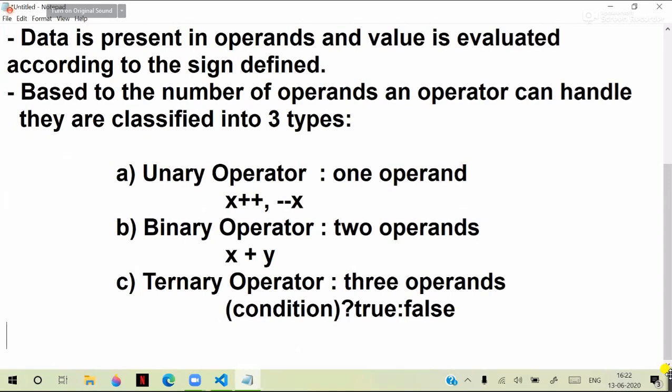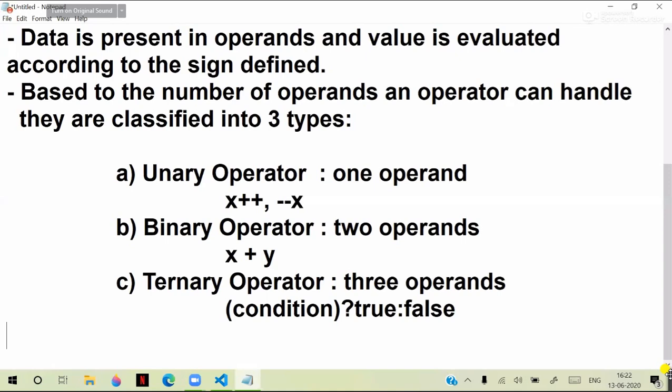These are ternary. Based on how many operands we have, the operators are classified into these types: unary operator, binary operator, and ternary operator. These are the three important types.